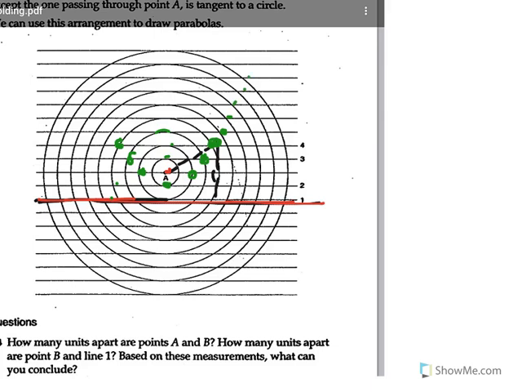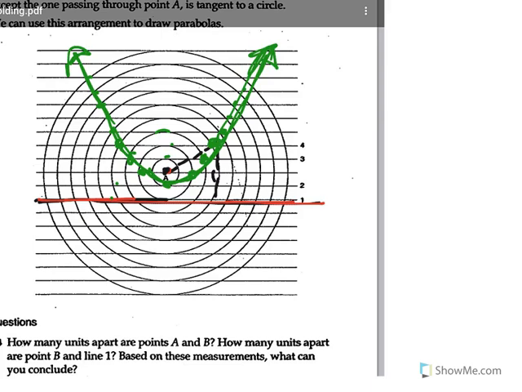I can actually make other points here: 5 away, 6 away, 7 away, 8 away, 9 away. And when I connect them, it makes a nice parabola. And the point A is the focus, the center of this smallest circle.